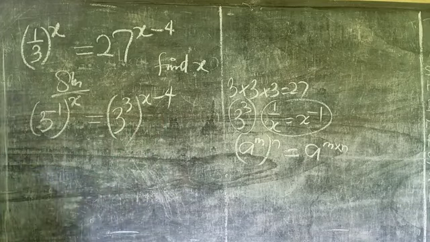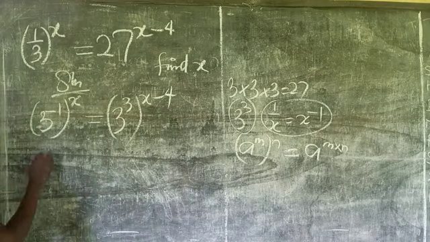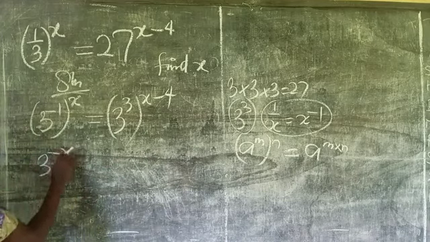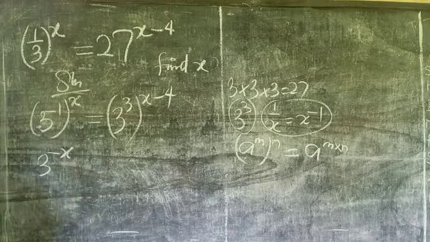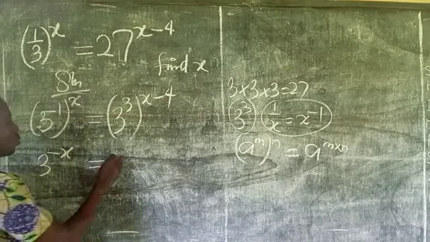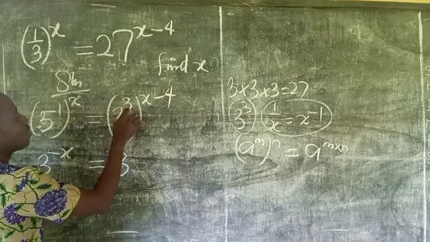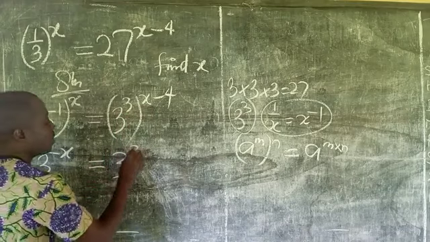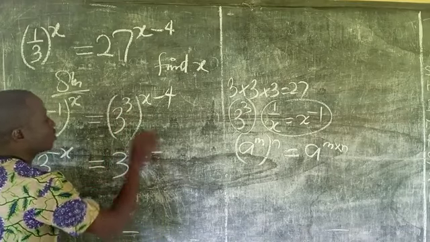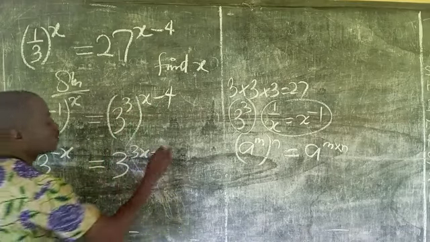So I'm going to open up the powers, removing the brackets. We get 3 raised to power minus x, since minus 1 times x is minus x, equal to 3 times x, which is 3x, minus 3 times 4, that is 12.